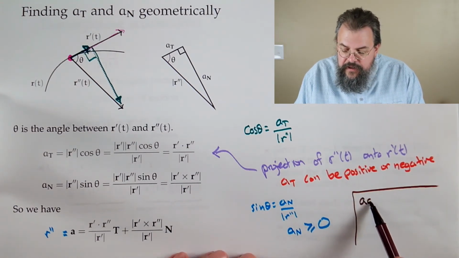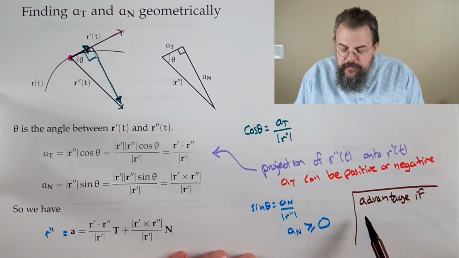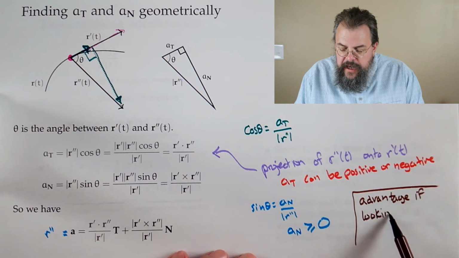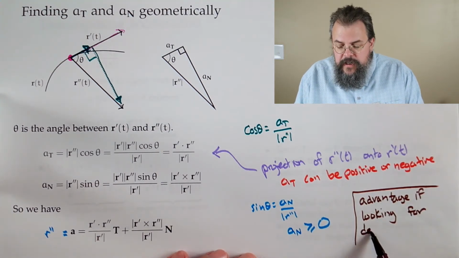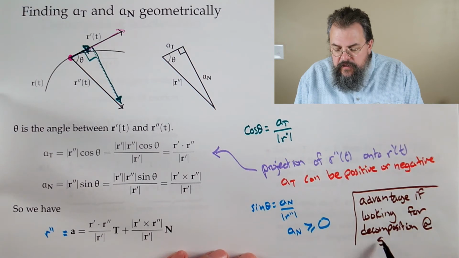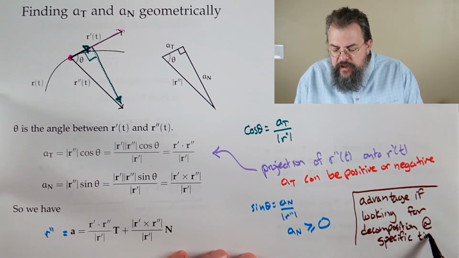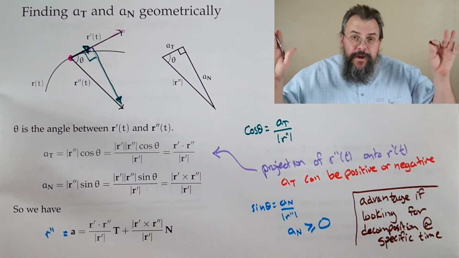Well, this has a strong advantage if you're looking for decomposition at a specific time. In other words, you can talk about decomposition at any time, and you can think of those as a function of t. But you can also say, I just really want to know what happens at time 1 or time 5 or whatever.